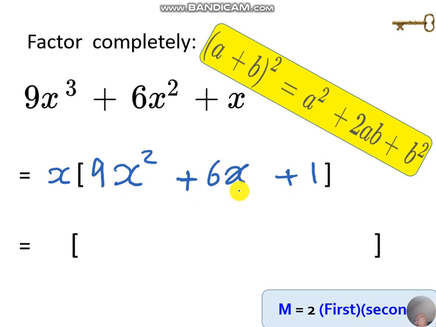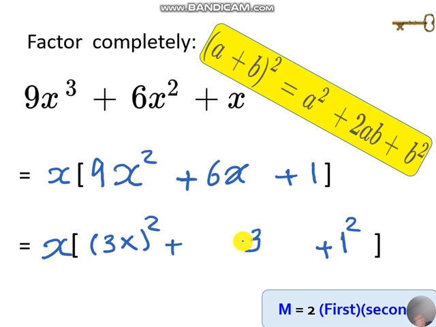Is this trinomial a perfect square? x under x. I can write 9x squared as 3x quantity squared. I write 1 as 1 squared. If I multiply the first, which is 3x, times the second, which is 1, multiply by 2, does this give me 6x?